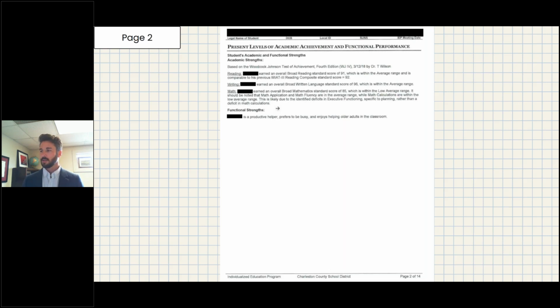So the evaluator is highlighting that the ADHD is impacting math, not because the child has a specific learning disability in math, but because the attention issues are impacting math. That is what this whole section is talking about: likely due to the identified deficits in executive functioning, rather than a deficit in math calculations.